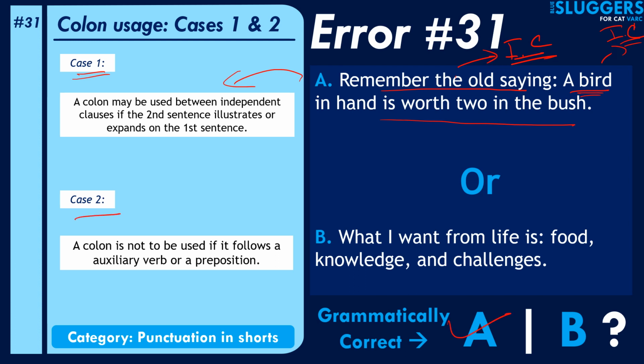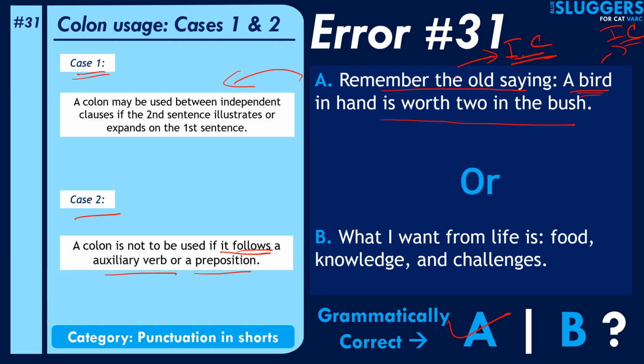The second case, guys, is when a colon is simply used to provide a list. But there are certain conditions that need to be followed. For example, the list cannot be such that the colon follows an auxiliary verb or a preposition.